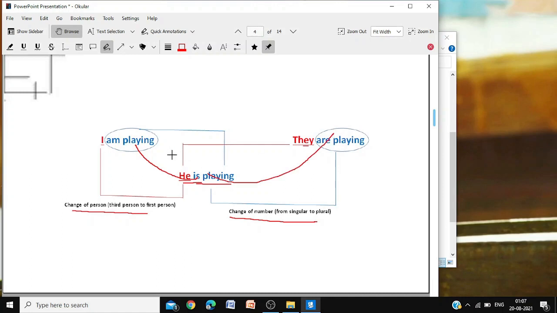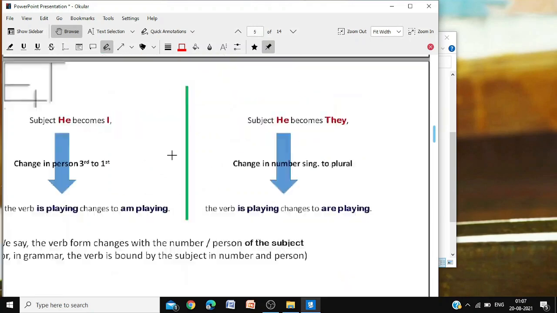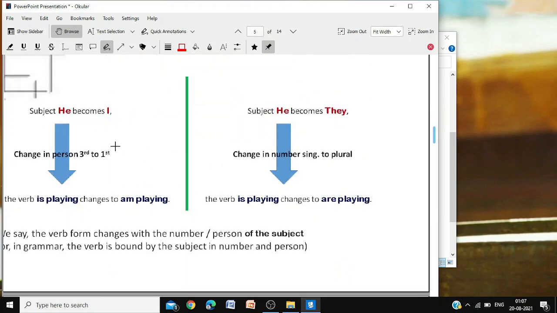So in both cases, the verb changes according to number and person. Subject he becomes I, change person third to first, is playing becomes am playing. He becomes they, change in number singular to plural, and is playing becomes are playing.